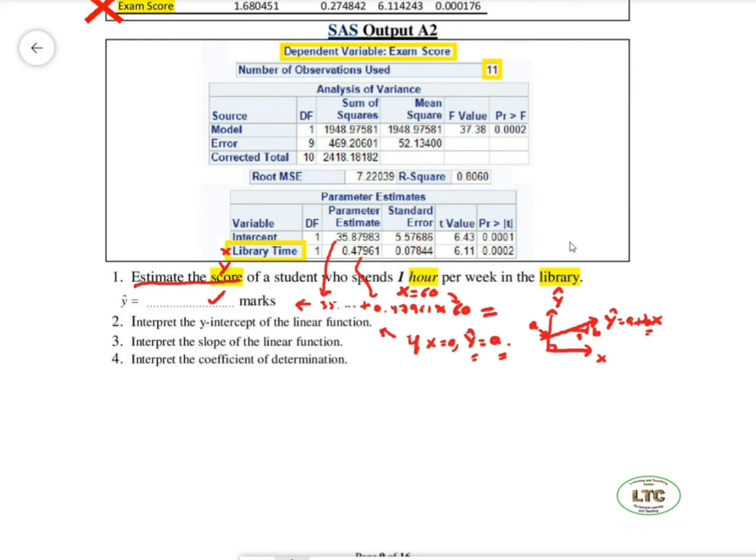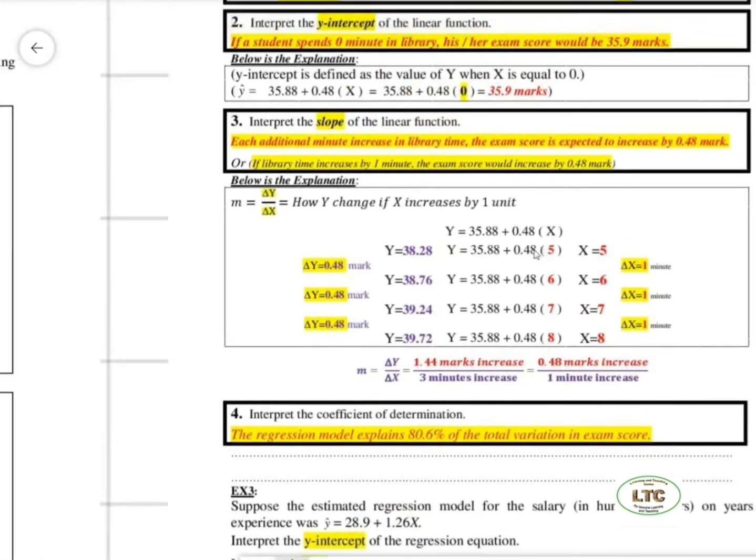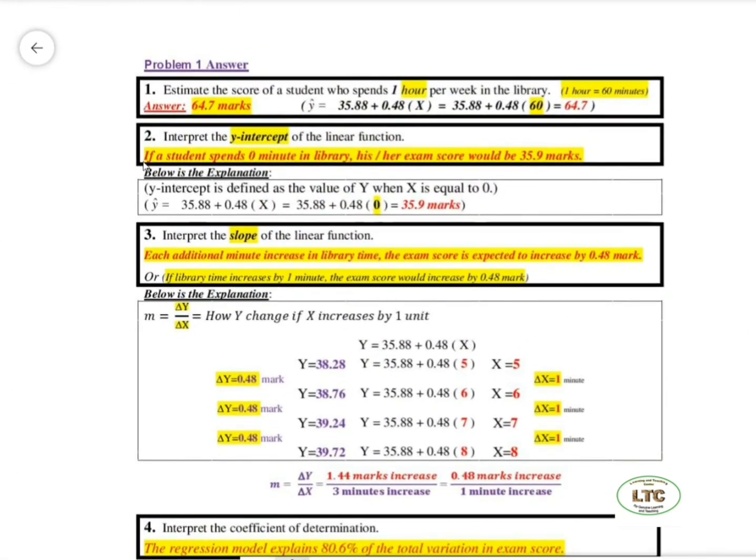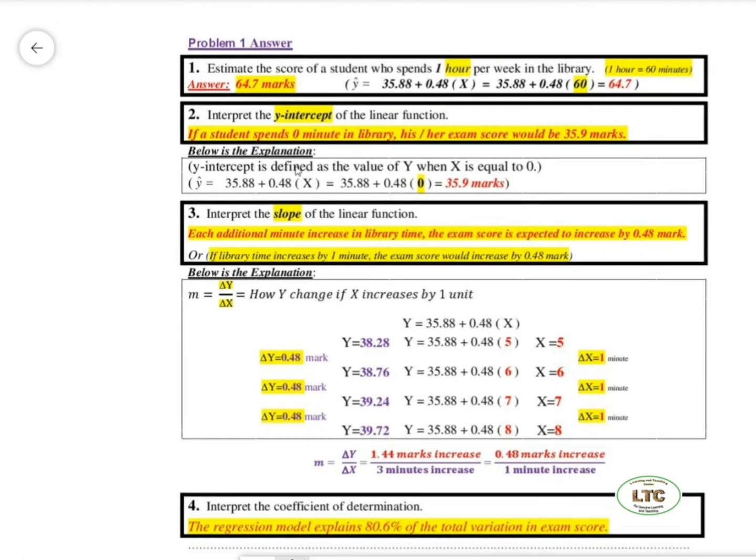You can say it like this. Check if correct or not. Another page here: if a student spends 0 minutes in the library, his or her exam score would be 35.9 marks. So here you compute it.